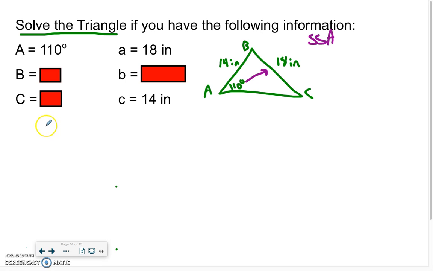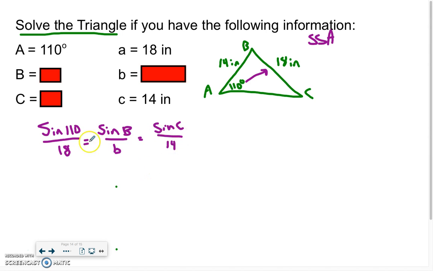So we're going to do sine of 110 over its respective side of 18 is equal to sine of B over b, both are unknown, is equal to sine of C over 14. So there's you plugging into the formula, and now we're just going to pick and choose which situation helps us find the answer best.